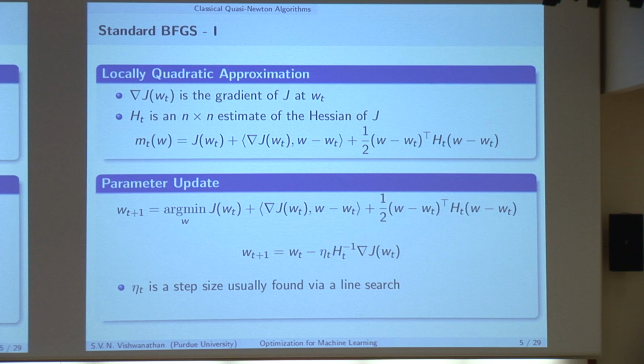Before 1970, there was another algorithm called the Davidon-Fletcher-Powell algorithm, DFP for short, which used to do this, and it was reasonably successful, but not as widely successful as BFGS. Can anybody think of the reason why that algorithm was not very efficient?